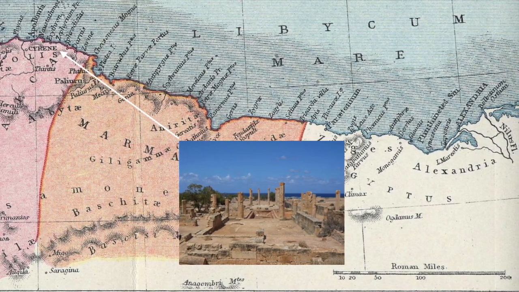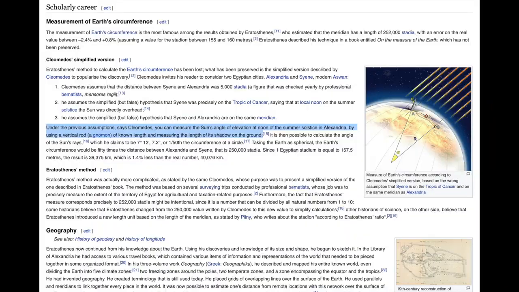But let's look at his experiment. So apparently not much survived. Somebody else writes about him, this Cleomedes. So let's read from the top. The measurement of the Earth's circumference is the most famous among the results obtained by Eratosthenes, who estimated that the meridian has a length of 250,000 stadia, with an error on the real value between -2.5% and +0.8%.